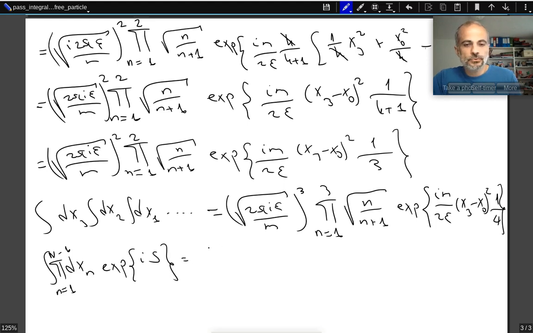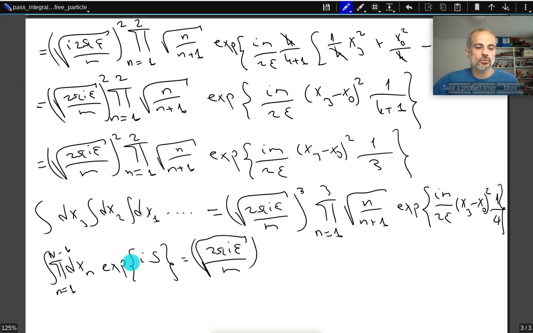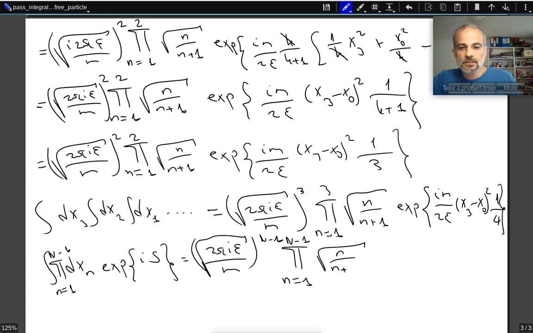This will be equal to 2 pi I epsilon over m square root. You see, every integral brings such a square root, so here we have n minus 1 of them. And the last integral is n minus 1, square root of n over n plus 1.